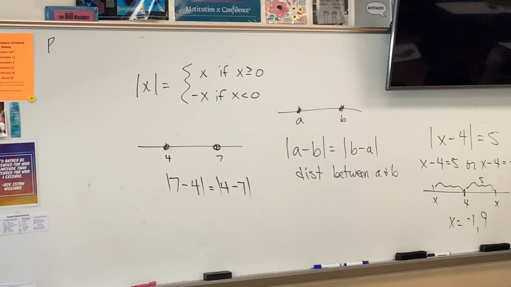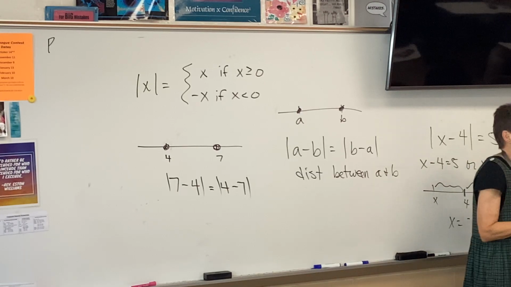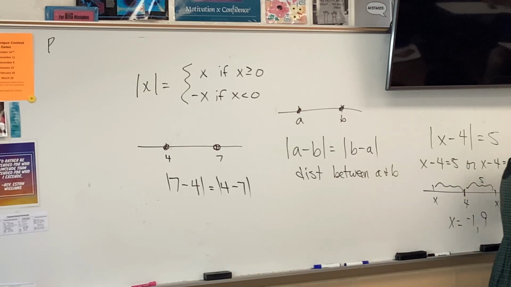So where would this be? If that's 6, this would be at 4. And if this is 6, this would be at negative 8. Now be careful, it's not an equals this time. I want the distance to be more than 6.